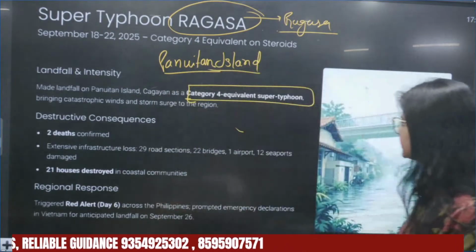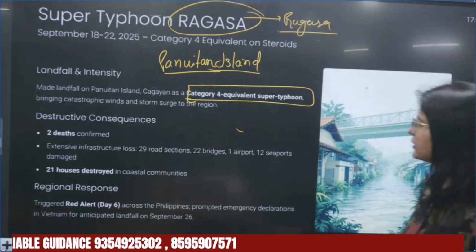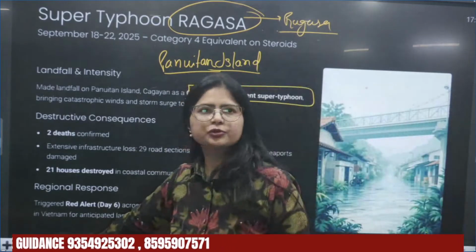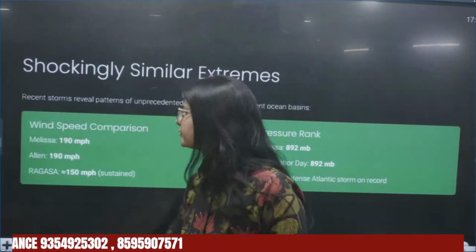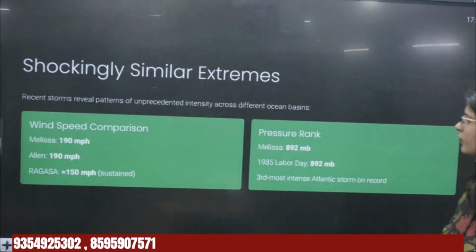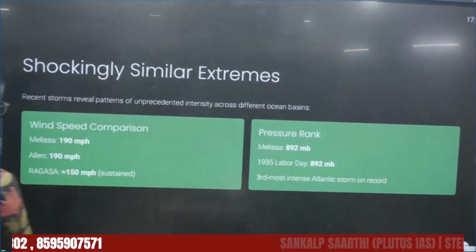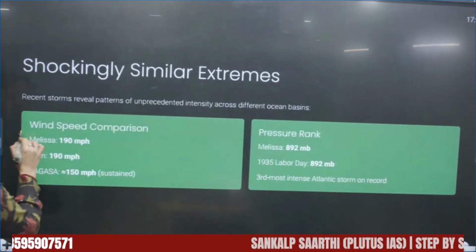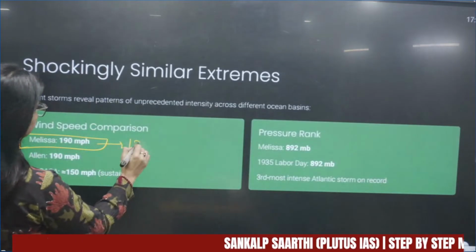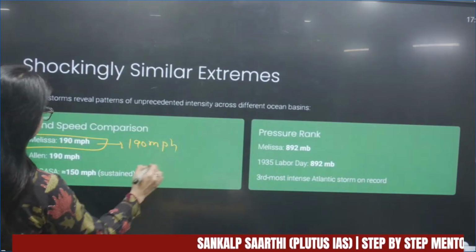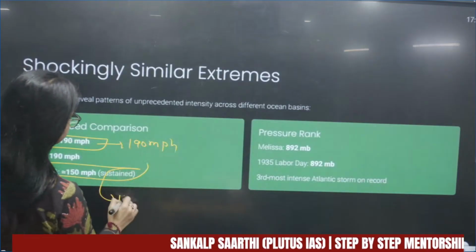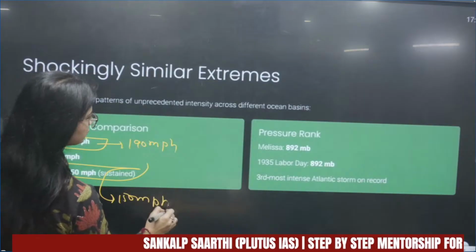Important for prelims: please look at all this, what I have mentioned to you, on the world map. Very important. It is important to mark all of that on the world map. If you see the wind speed, Melissa was having 190 mph, Ragasa 150 mph.